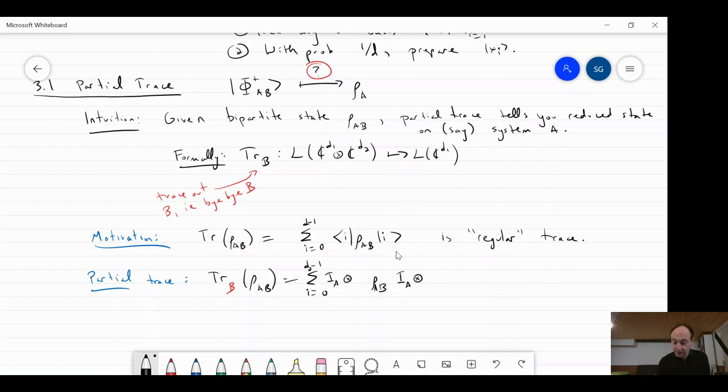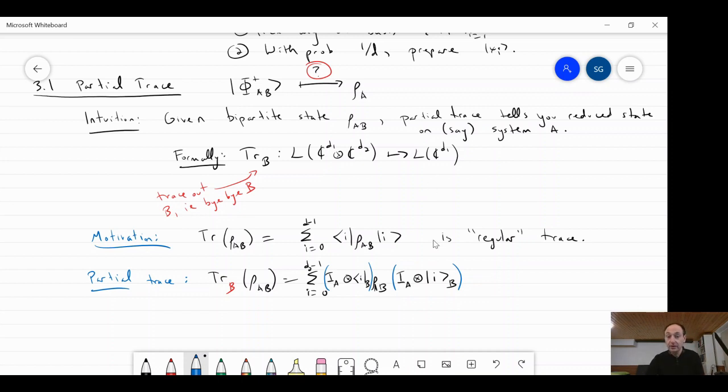And so if I do this, then intuitively, it certainly looks like I'm doing a trace only on the B subsystem, okay? And that's it. If you want to be a little bit more clear as to how things can be bracketed, you can try this.